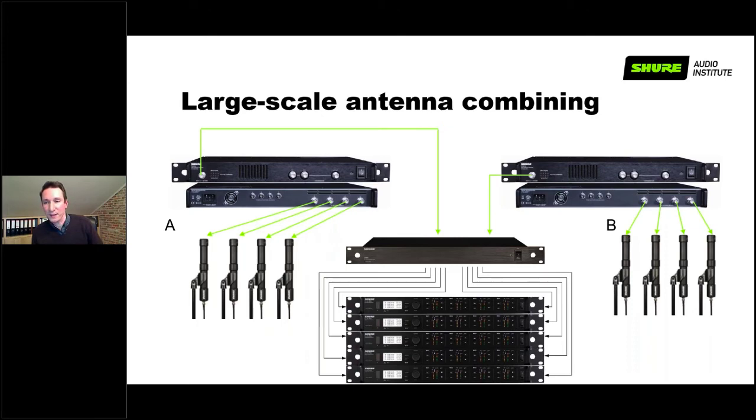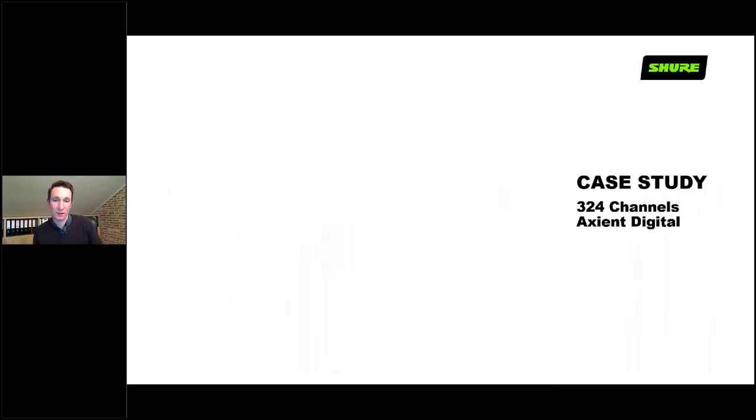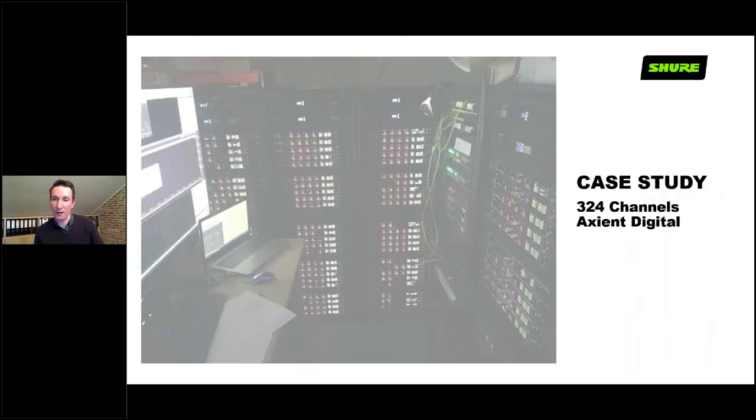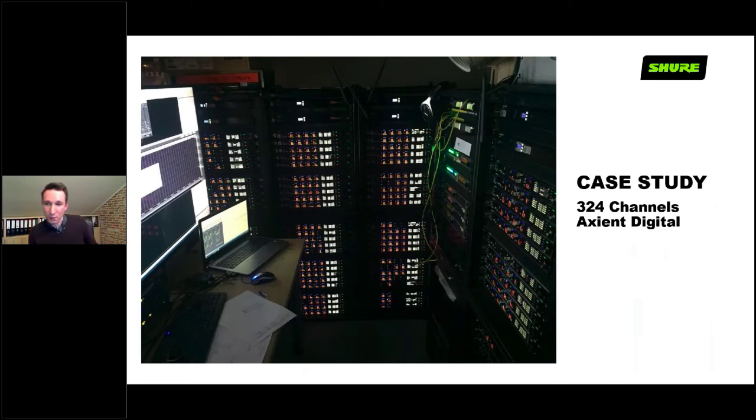If we take this way of actively combining multiple zones and then distributing it out, it brings us to a case study of Fête de Vigneron in Switzerland, where this system was used to combine 324 channels of Axion Digital over multiple zones, because the reception area was so significantly large that we couldn't just cover it with 2 sets of antennas.